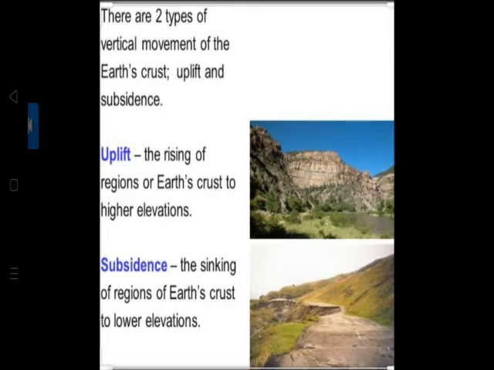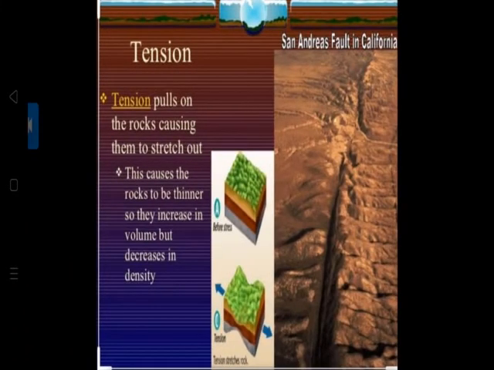The slope goes downwards. Now, tension. What are we talking about when we talk about tension? Tension pulls on the rocks, causing them to stretch out. So in tension, what happens? The rocks stretch out. This causes the rocks to be thinner, so they increase in volume but decrease in density.